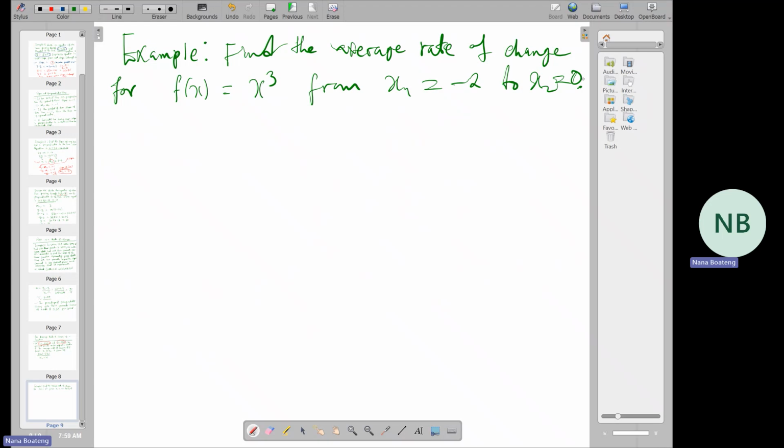To find the average rate of change of this function, we will find f of x2 minus f of x1, then divide by x2 minus x1.